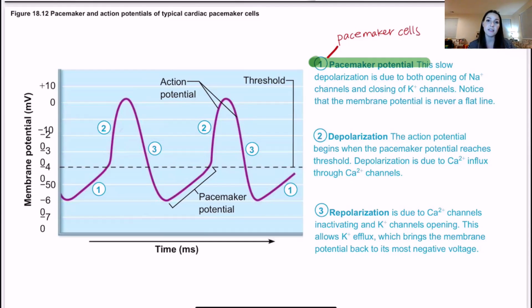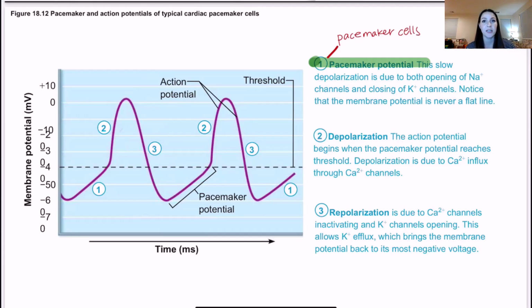The thing that's different about action potentials in skeletal muscles, which we learned about in Bio 430, and the action potentials of cardiac muscle cells, which we're talking about now, is action potentials happen not due to sodium, but more due to calcium. So that's a little bit different.